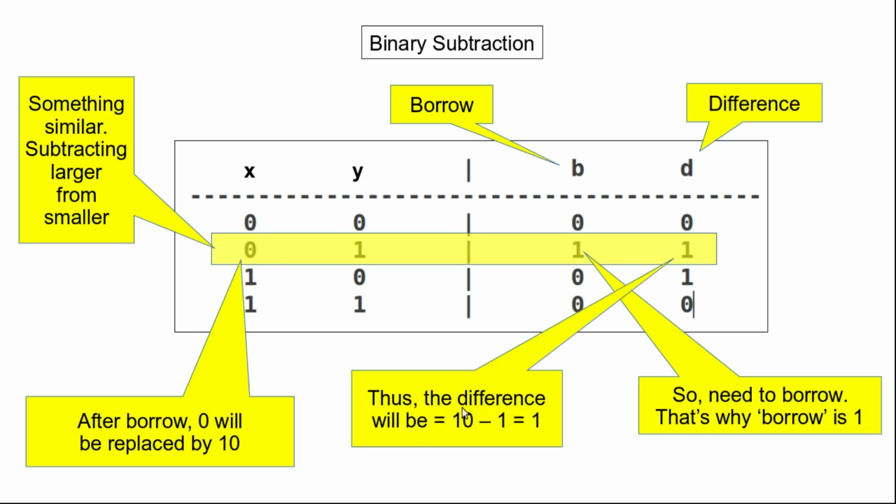So when we perform the subtraction 1 0 minus 1, the difference will be 1. So that explains why the output for this row is 1 1.